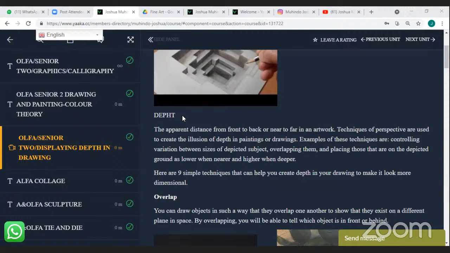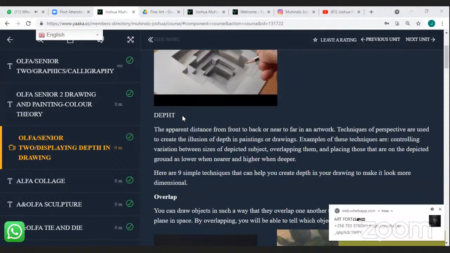Examples of these techniques are controlling variation between sizes of depicted subjects, overlapping them, and placing those that are on depicted ground as lower when nearer and higher when deeper.